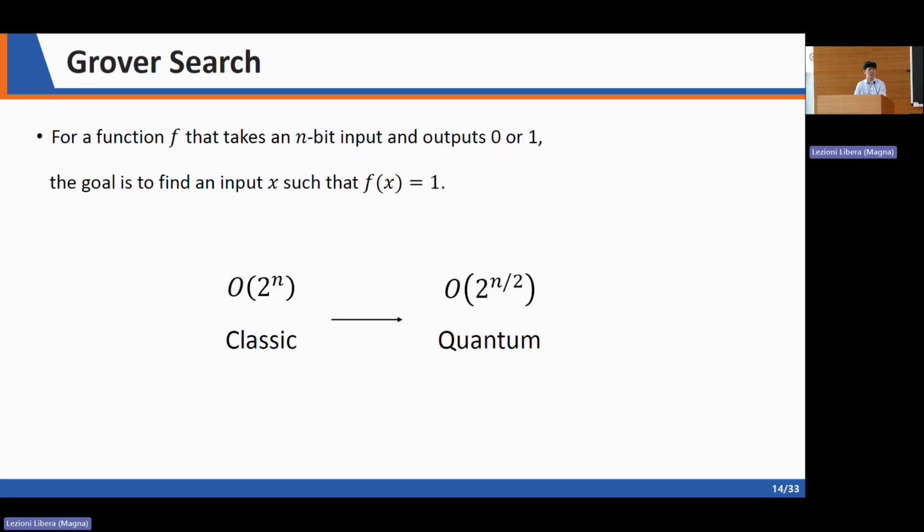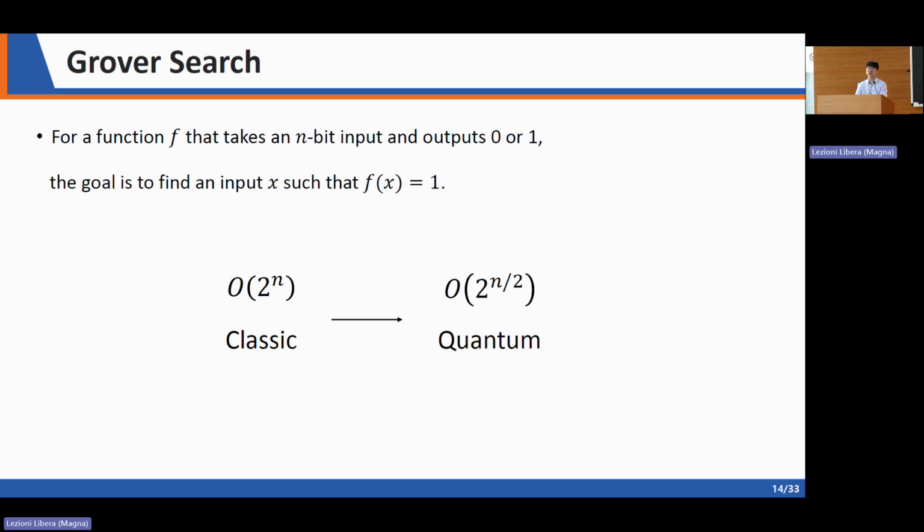Grover search is a quantum algorithm for unstructured search, and given an n-bit input, it works on a function that outputs either 0 or 1, and the goal is to find an input that outputs 1.